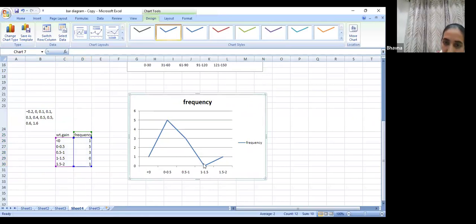So they have come back to baseline, and from the baseline, again, they have gone up. Okay. This is the first bar, the midpoint, the second bar, the third here. The fourth data point is missing because you know that there was no observation between 1 to 1.5 kg, and another last observation, that is 1.6, was between 1.5 to 2 kg.